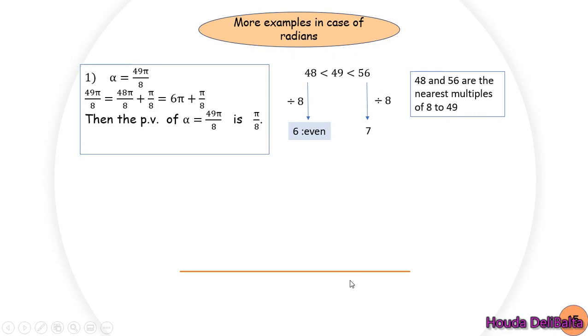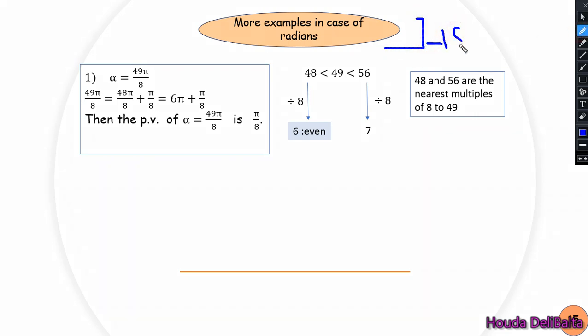And as you know, the principal value of an angle should be in the interval minus 180 and 180 degrees, which is minus pi and pi as well.